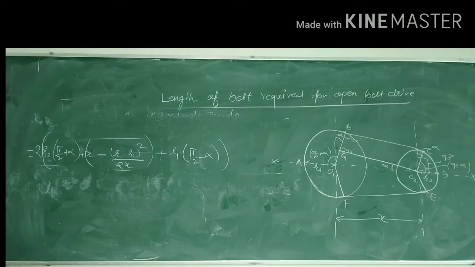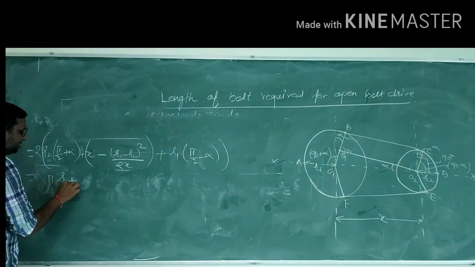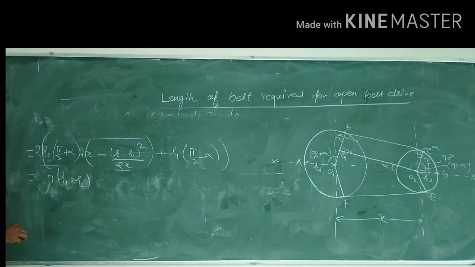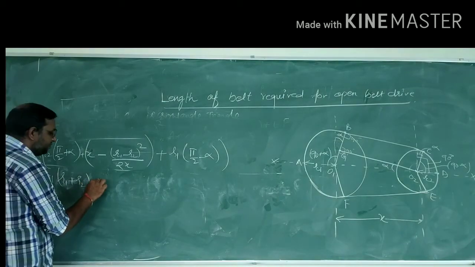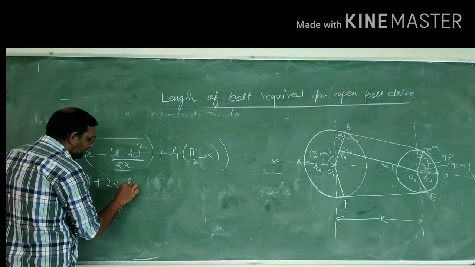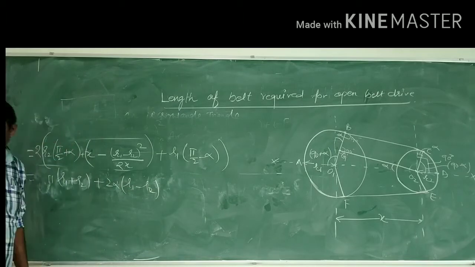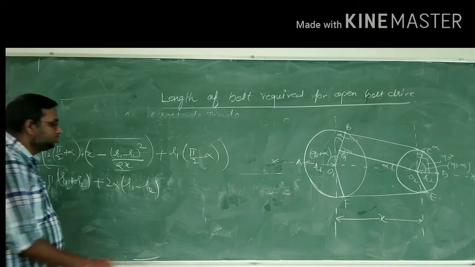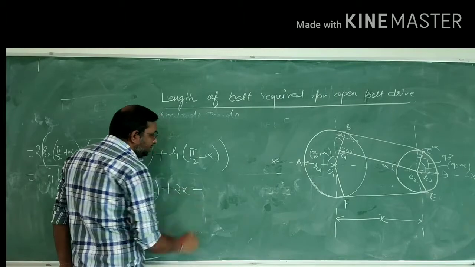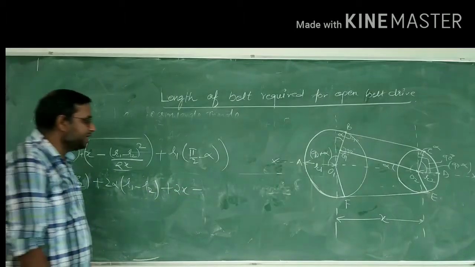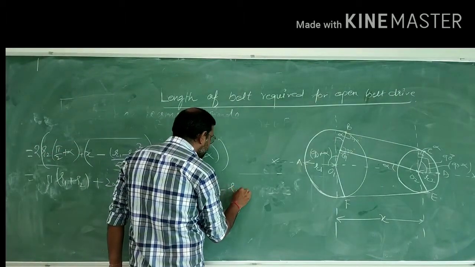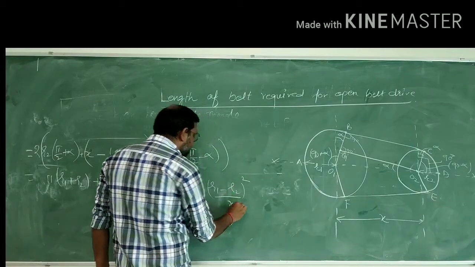Okay. So after solving, multiplying and solving, you will get pi R1 plus R2, 2 alpha R1 minus R2, plus 2x minus R1 minus R2 square by x.